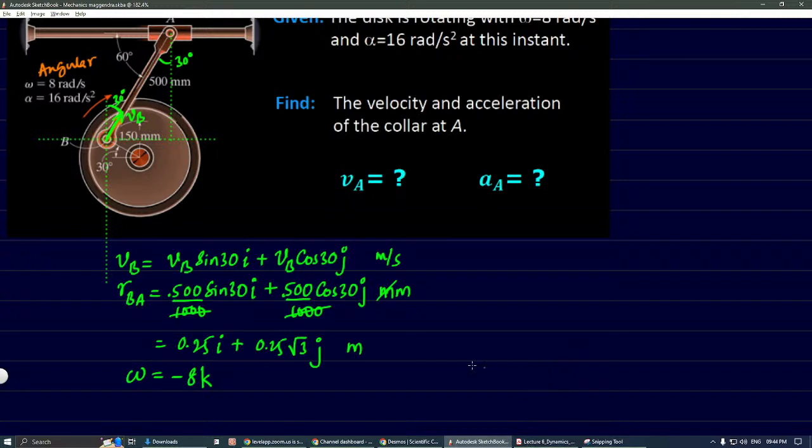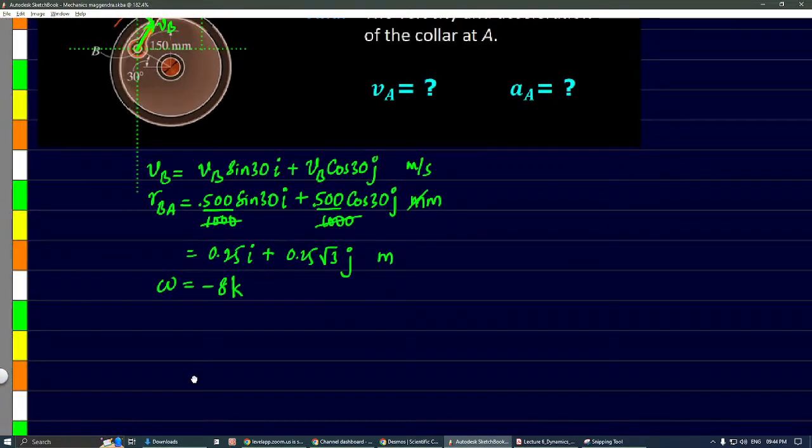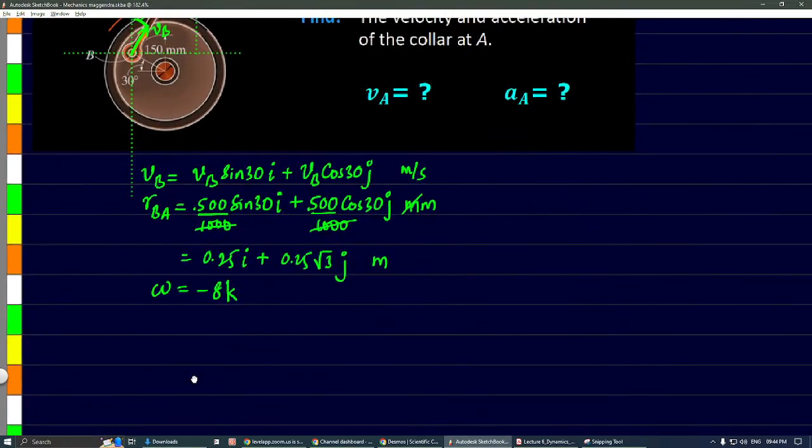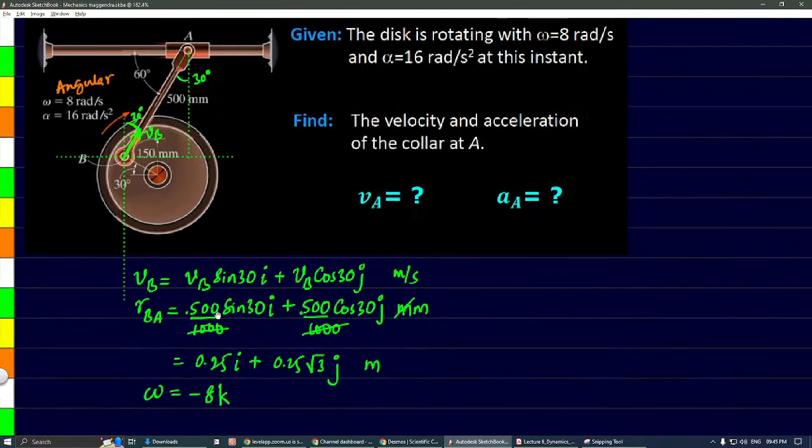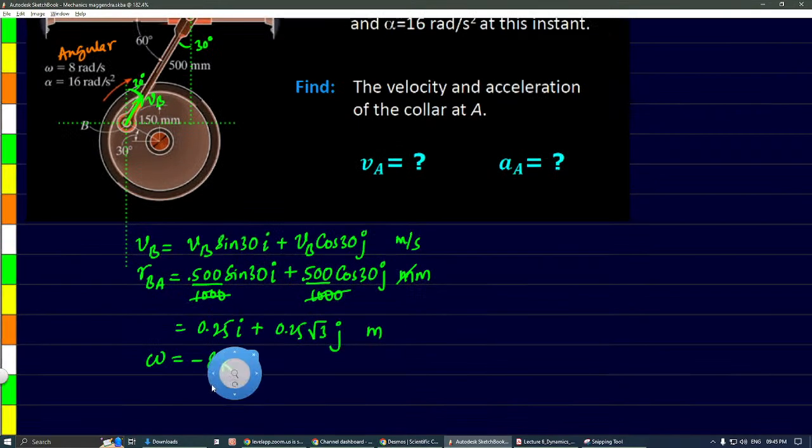For the coordinate system also, we have to take the right hand coordinate system.